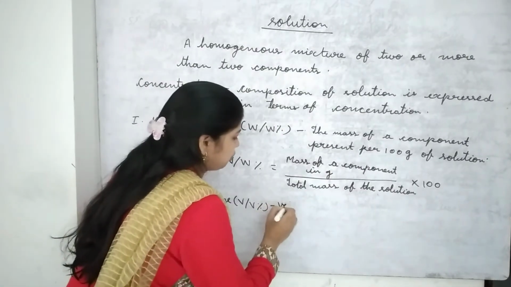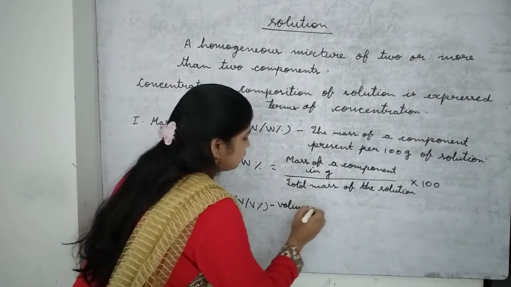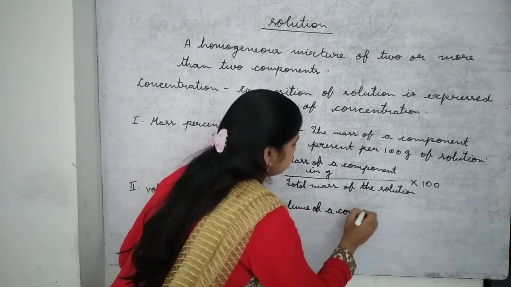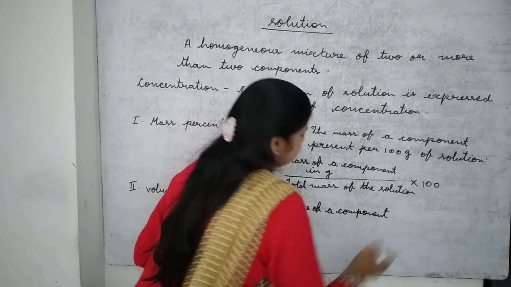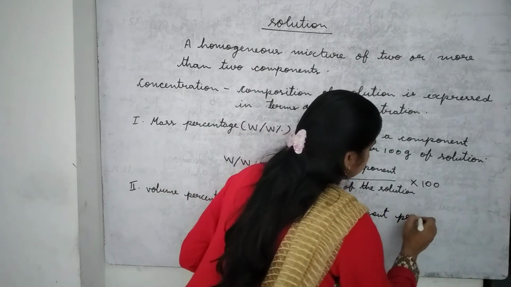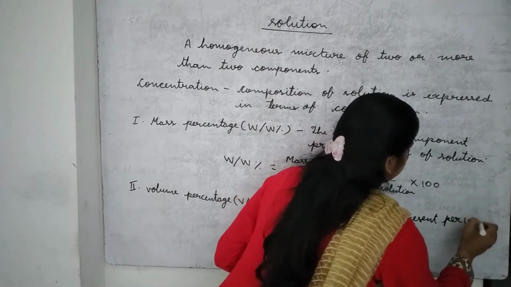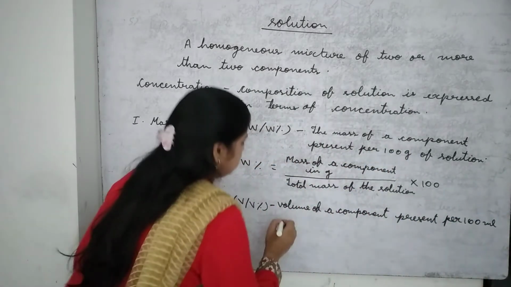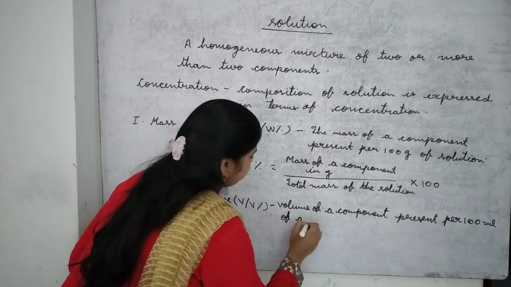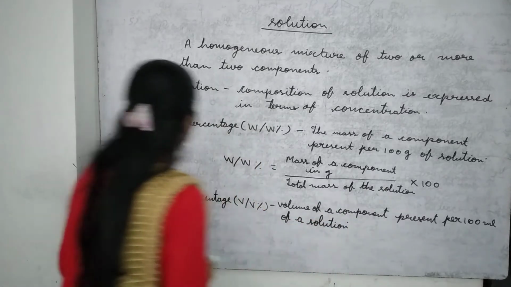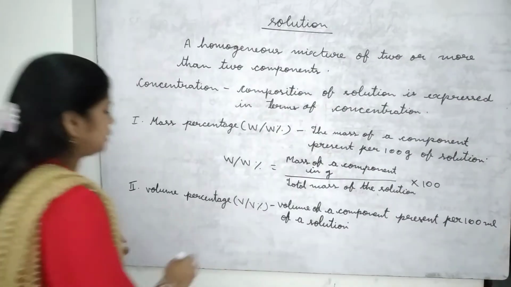The volume of a component present per 100 ml of a solution is called what? Volume percentage.